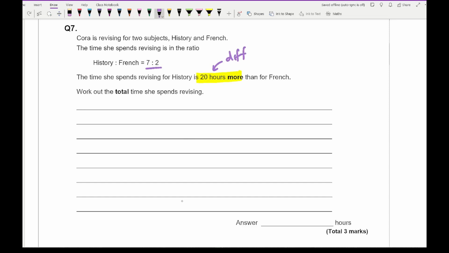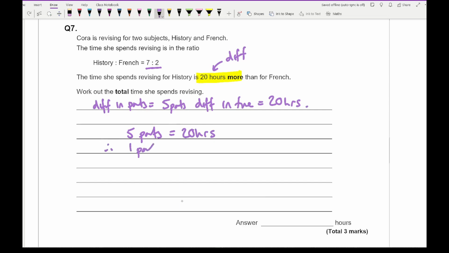Now looking at the difference in the parts, so the difference in parts equals 5, and the difference in time equals 20 hours. So that means that 5 parts equals 20 hours. So therefore 1 part is going to equal 4 hours.